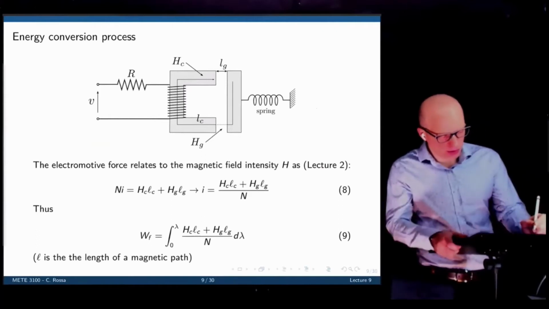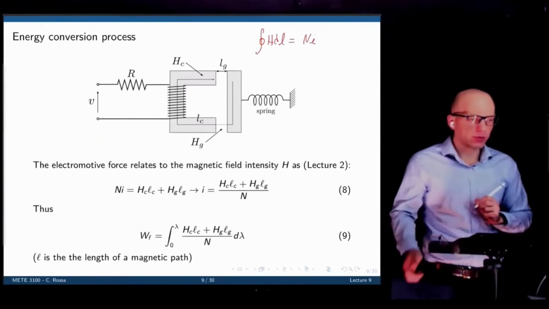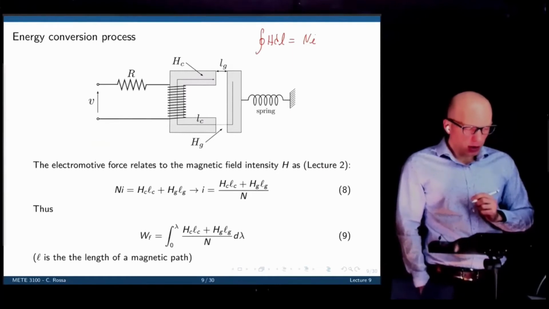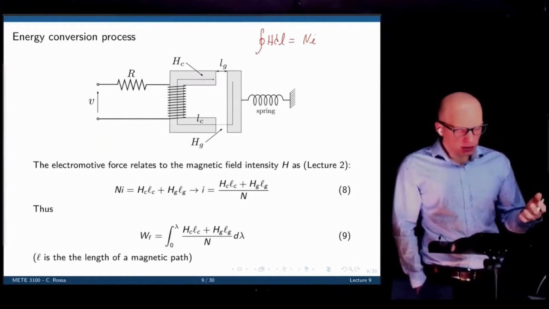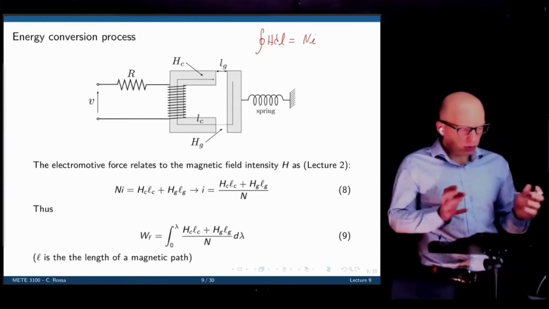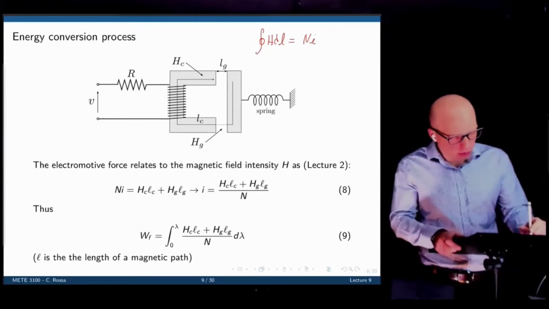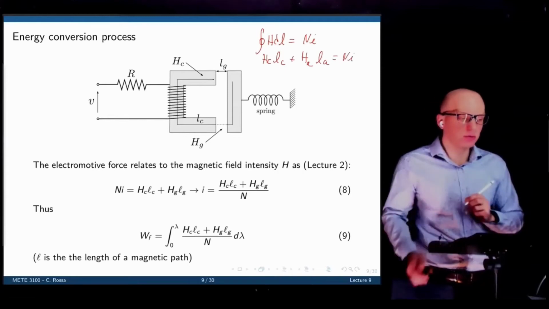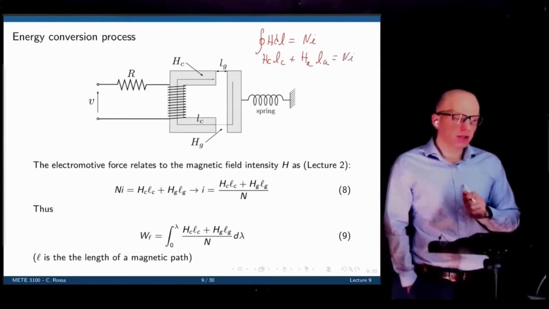We remember that equation, the integral over a closed path of H dl equals N i from lecture 2. In this case, if you take this integration, we have H for the core times the length of the core, plus the magnetic field in the air gap times the length of the air gap. And this equals the number of turns of the coil times the current.